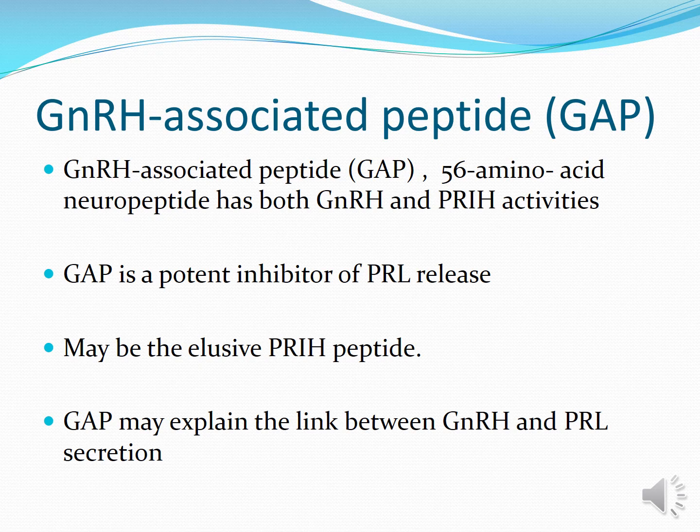Gonadotrophin releasing hormone associated peptide, that is GAP, is a 56 amino acid neuropeptide that has both gonadotrophin releasing hormone activity and prolactin release inhibiting hormone activity.